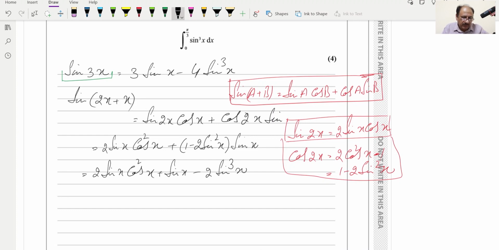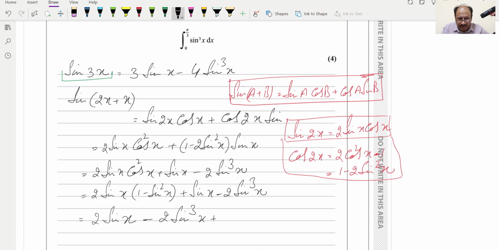Now we can change this cos square x in terms of sine x. So this will be 2 sine x into 1 minus sine square x, plus sine x, and minus 2 sine cubed x. We can open the bracket, so we will get 2 sine x minus 2 sine cube x, plus sine x and minus 2 sine cube x.